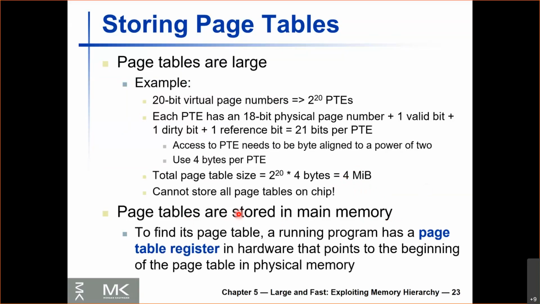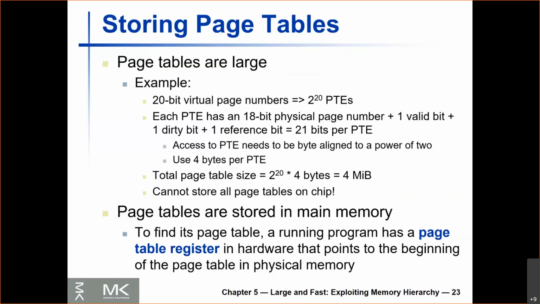Now, because a program needs to know where to find its page table, what the hardware is going to have is a page table register that points to the beginning of the page table in physical memory.